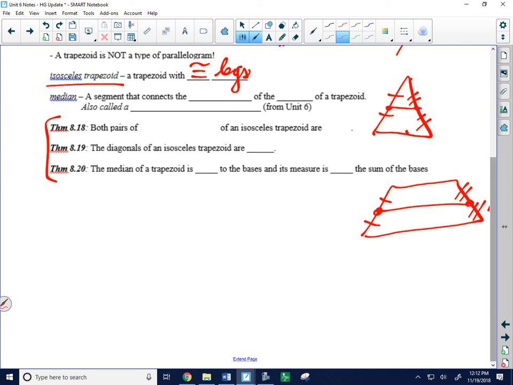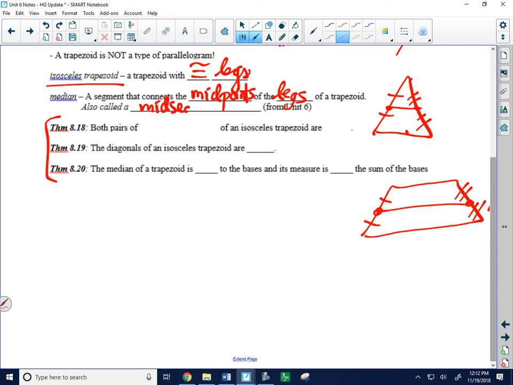So it's a segment that connects the midpoints of the legs of a trapezoid. It is also called a midsegment, but I use the word median to differentiate between triangle as a midsegment and trapezoid as a median. But I will say it is also at times called a midsegment.